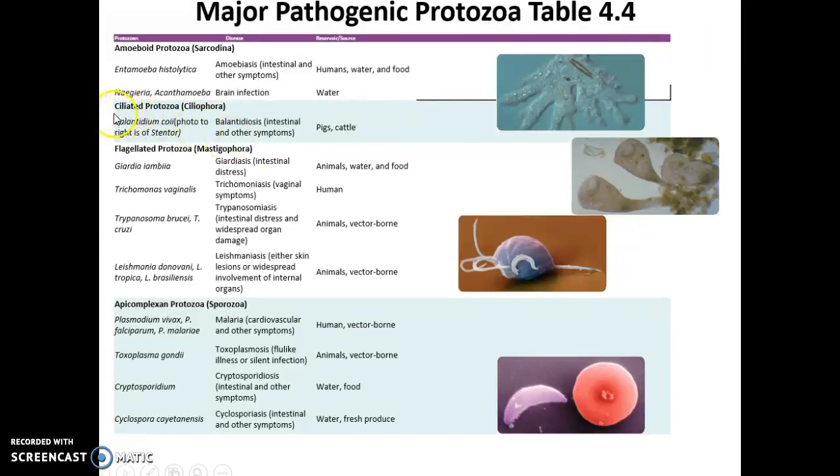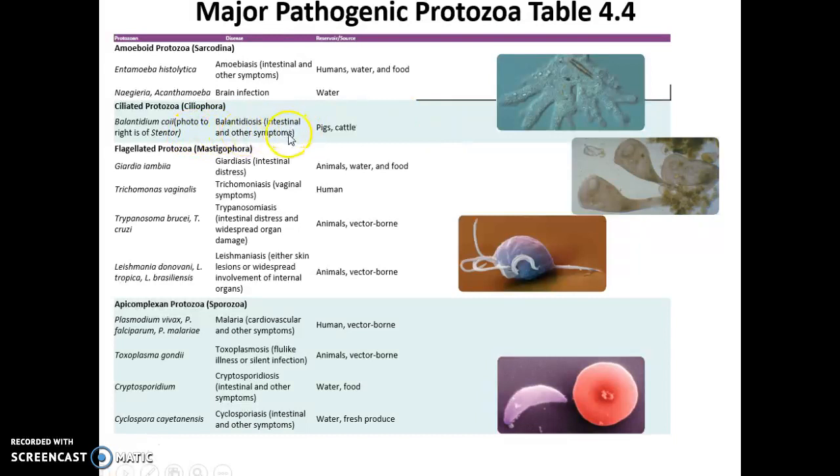Then there are the ciliated protozoa. These guys are kind of cool. Again, you have the short, hair-like bristles on the outside of the organism, on the exterior. And you can see some of these guys right here along the edge, the cilia. And one major organism that is problematic within humans is Paramecium coli.